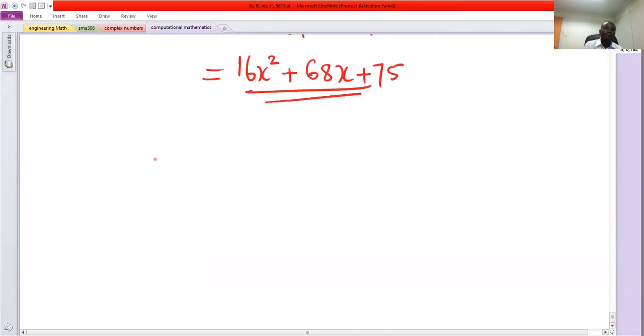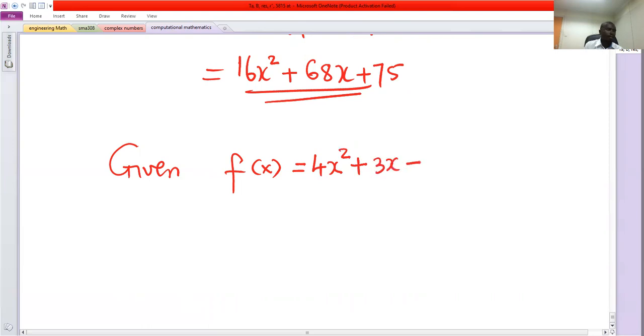And lastly, given f of x is 4x squared plus 3x minus 10, find f of 2x minus 4.